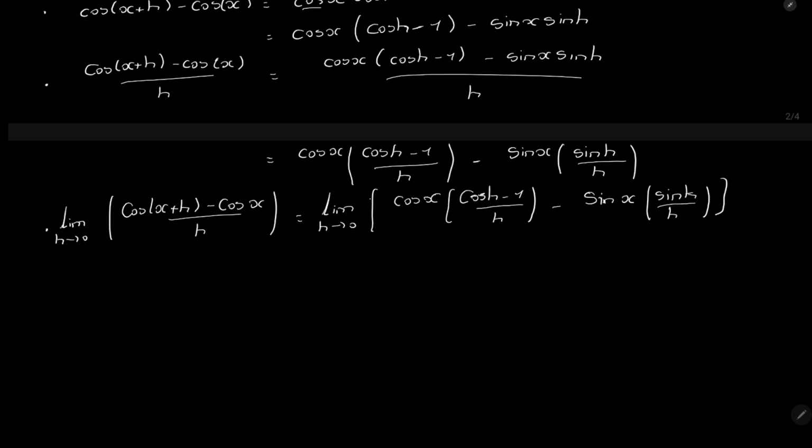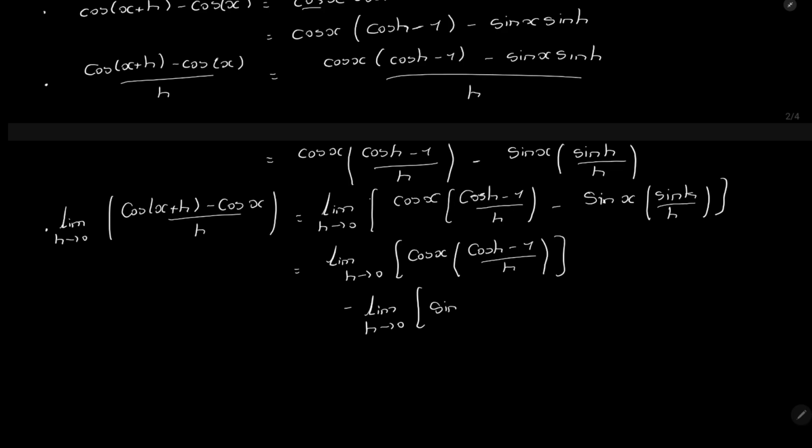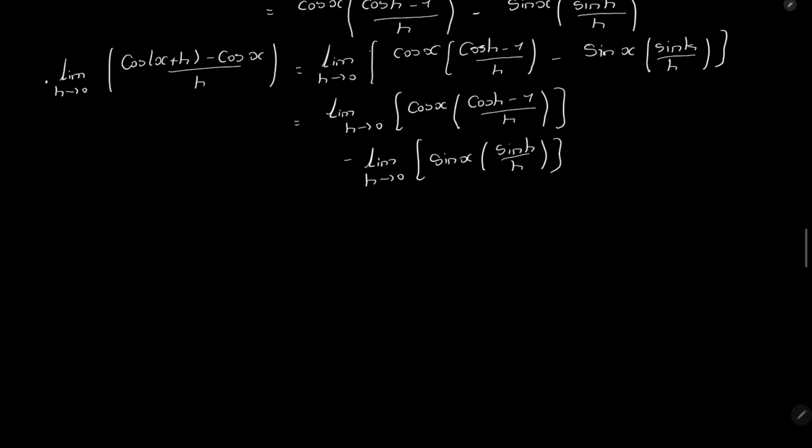Close our braces. Knowing that the limit is linear, we can then separate the limits. That is, the limit as h tends to 0 of cos x into cos h minus 1 all over h, minus the limit as h tends to 0 of sine x into sine h on h.